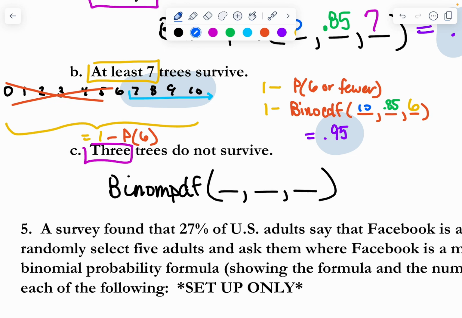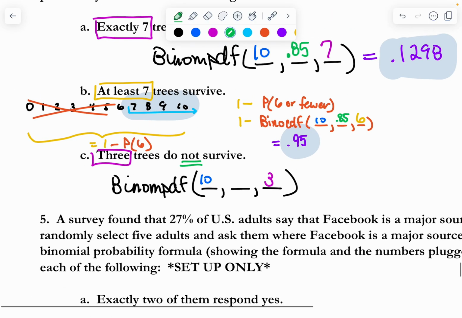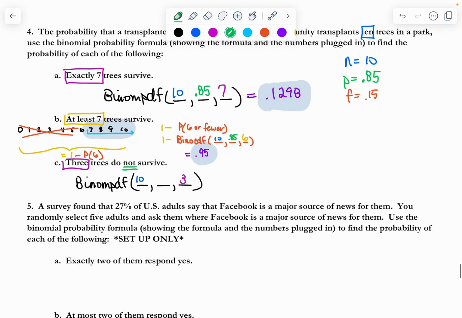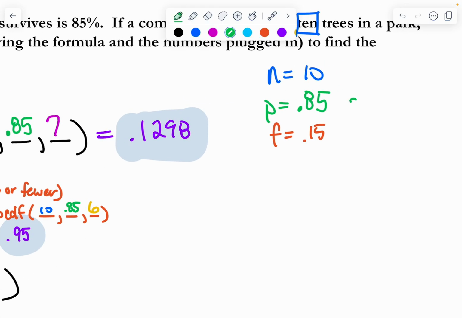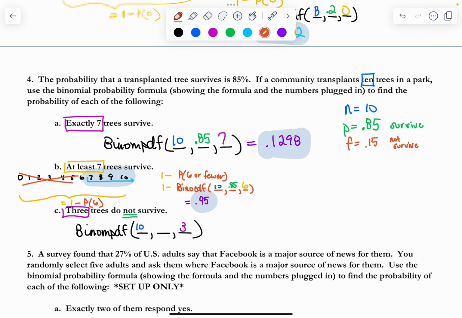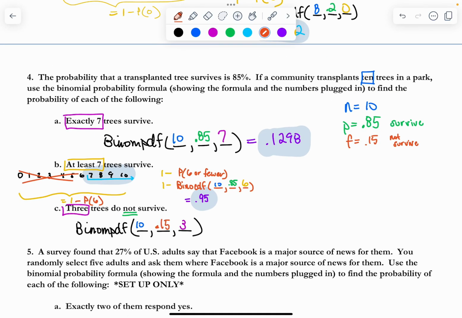Again, we're talking about 10 trees, and we want exactly 3 of them to do what we're asking. But this time, what we want is for them to not survive. If we go back and look up here, the probability that they do survive from the very beginning is 0.85. So the probability that they do not survive would be the complement, 0.15. So that's what we're going to put in here.